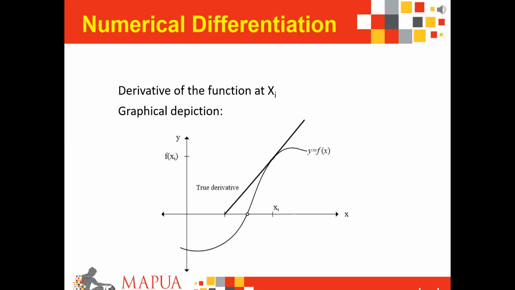Note that under numerical differentiation, the derivatives that are approximated here are referred to as exact derivatives, whereby on the given function, you evaluate the derivative at a specific value of x.